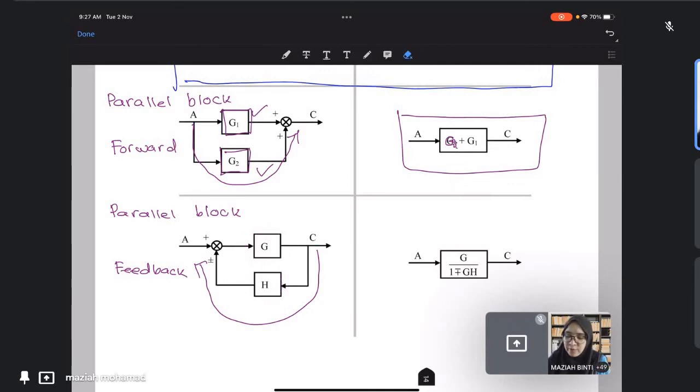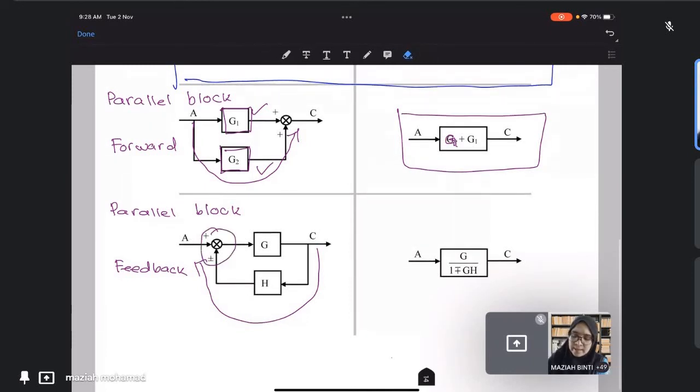As for the feedback, in order to combine a feedback parallel block, the equation will be G over 1 minus or plus GH. Minus or plus will depend on the sign on the summation point here.